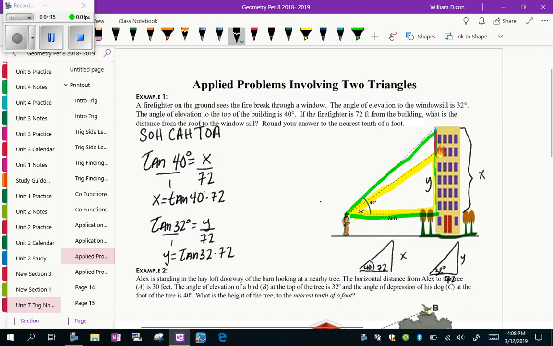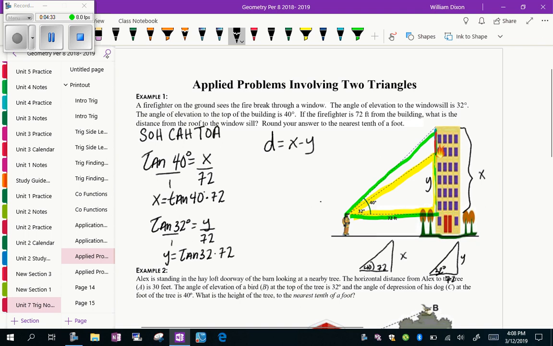Now that red distance that we were looking to find, well, if we think about it, the distance equals X minus Y. That's X here minus our Y to get our red.